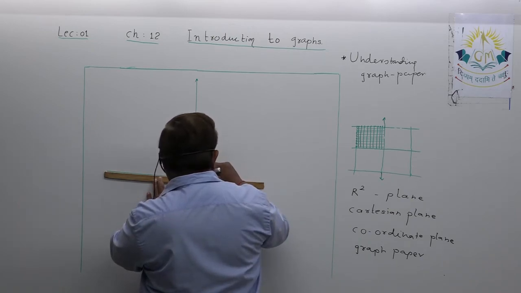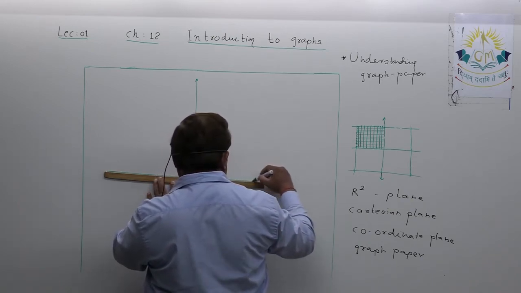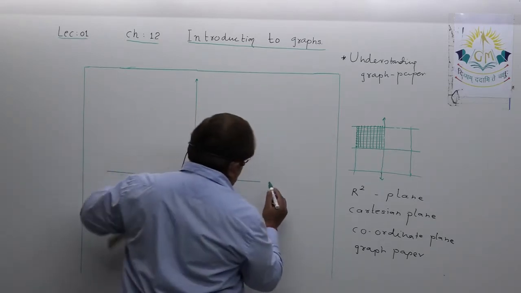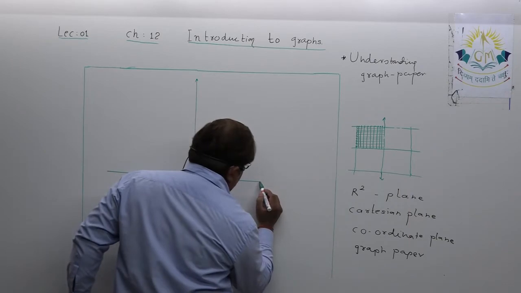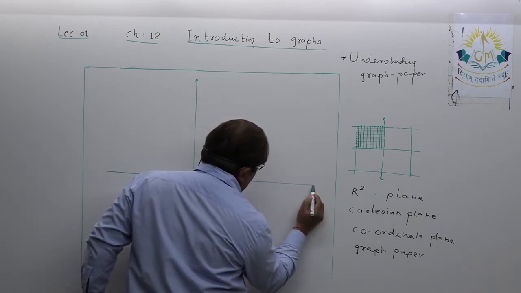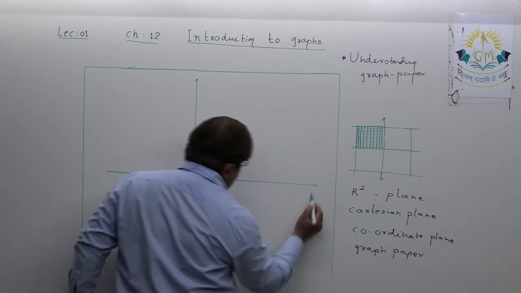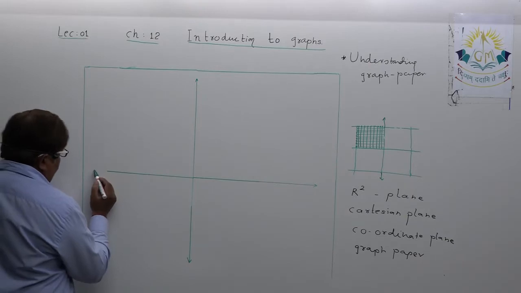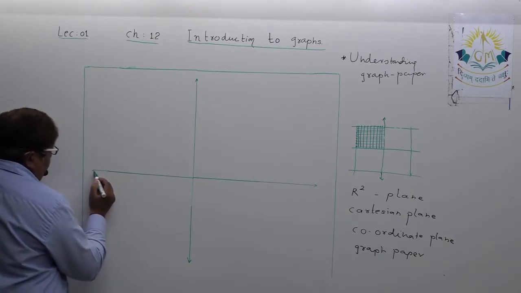Right. One horizontal line. I am just extending it. Okay, here a rightward arrow. I am extending this also up to this, and here also one arrow.